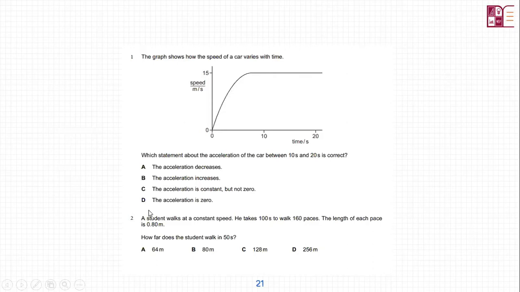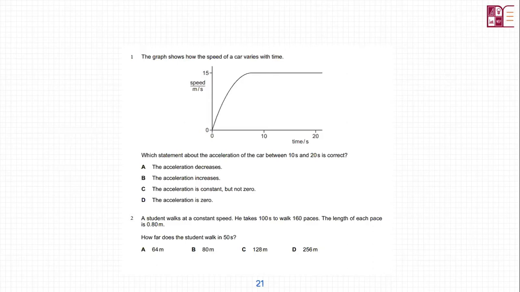Moving on to the next question. A student walks at a constant speed. He takes 100 seconds to walk 160 paces. The length of each pace is 0.80 meter. How far does the student walk in 50 seconds?